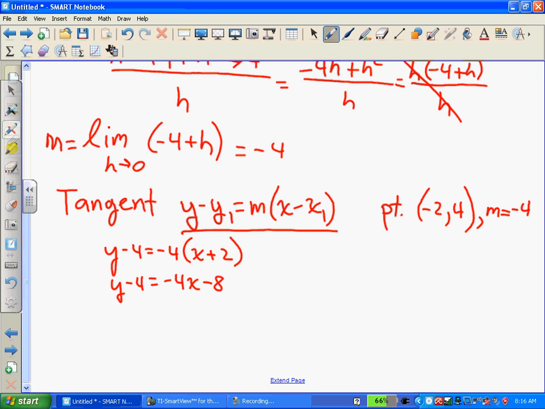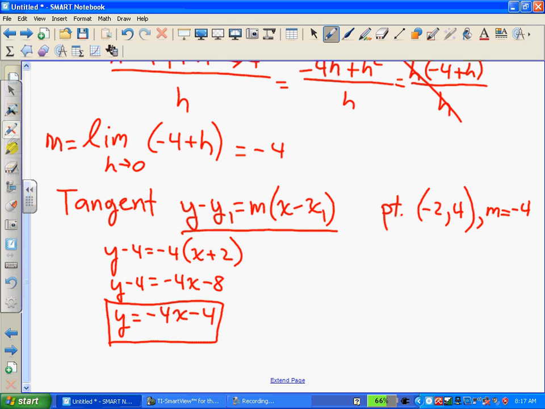Add 4 to both sides, and we get y equals -4x minus 4. And that's the equation of the tangent line when x equals -2.